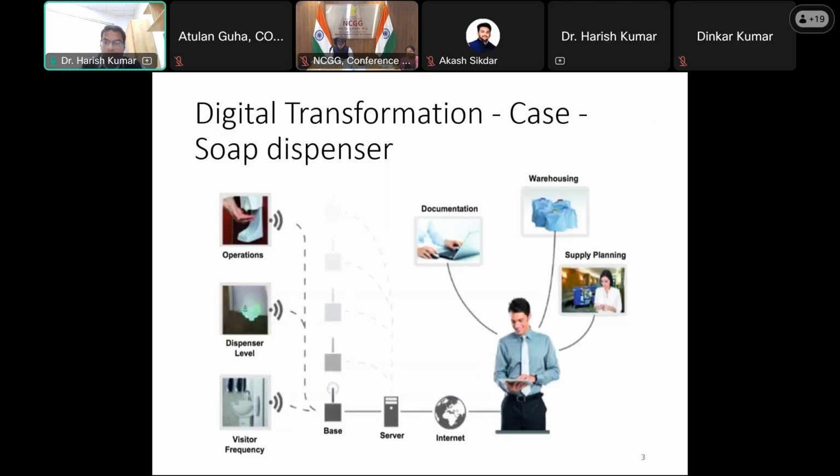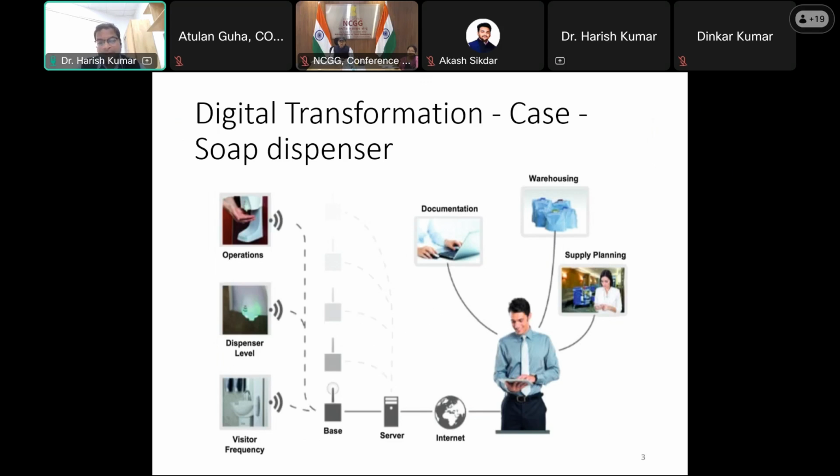So how has this public utility been changed by using the digital transformation concept? By implementing multiple technologies, like sensor technology, level sensors, digital accounts, IoT, cloud computing, connected supply planning, and warehousing management, all of these things are automated.